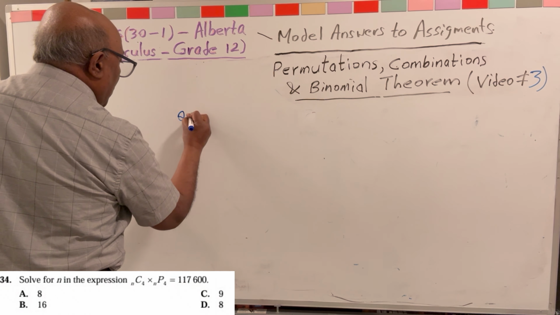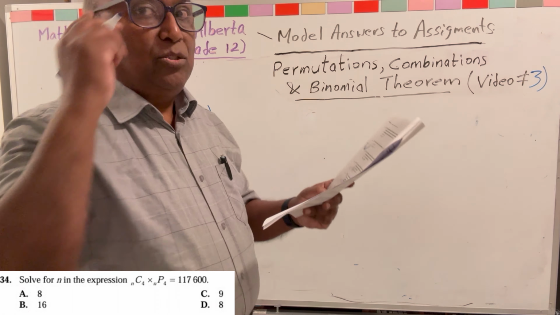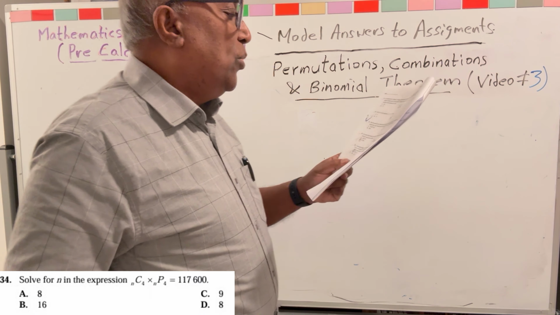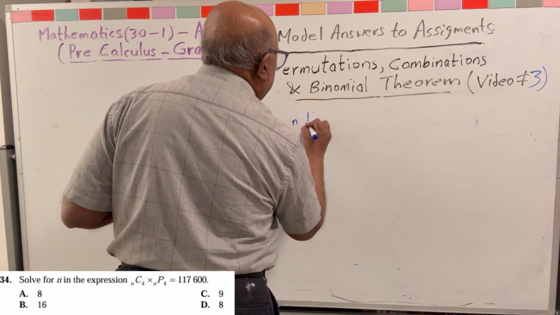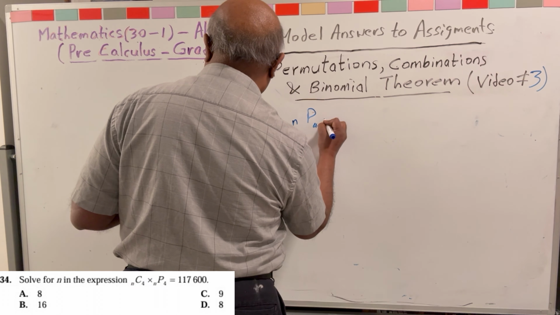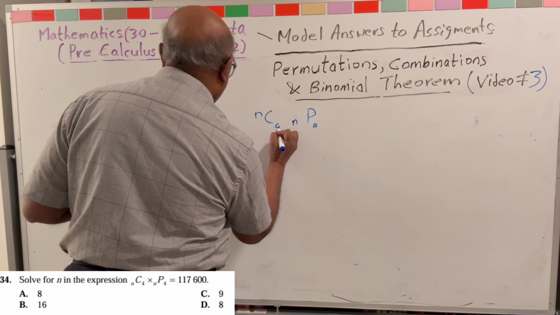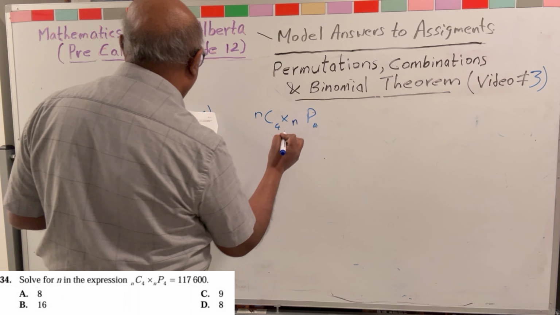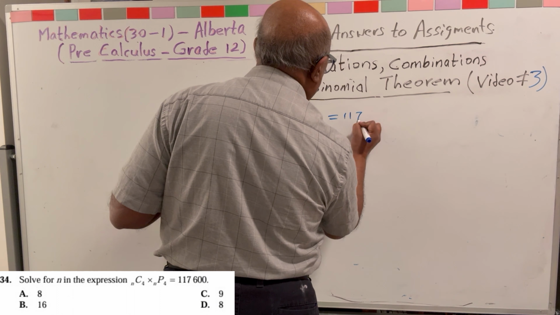Question number 34 says solve for n in the expression nP4 times nC4 is equal to 11,700.